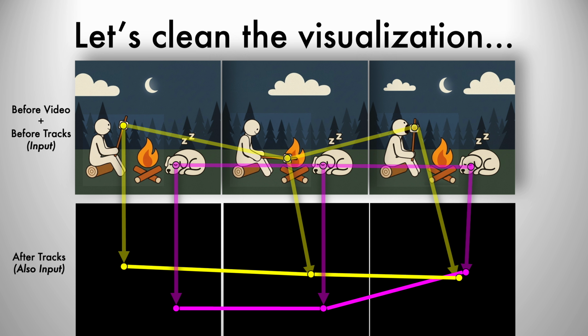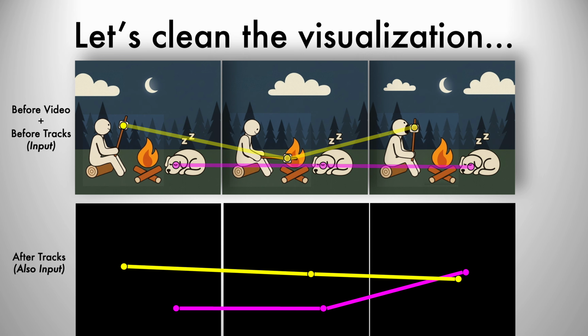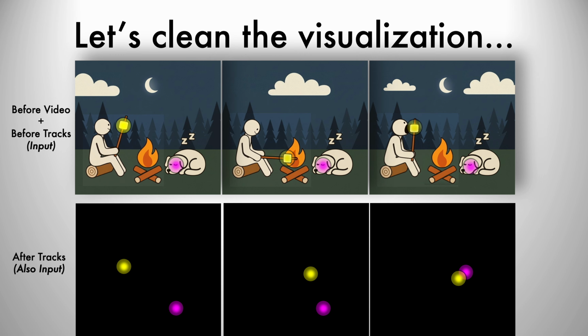So we're going to separate these out into different images. We have our before video, and we have the after tracks. So we have our before video with the tracks that we start with, and we have where we want our tracks to go in the video below. Let's clean up the visualization a little bit and get rid of those lines and turn them into blobs.